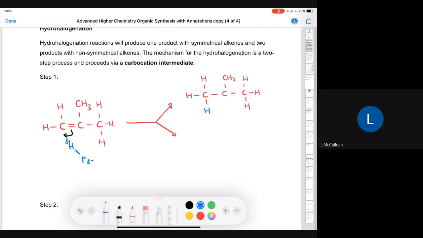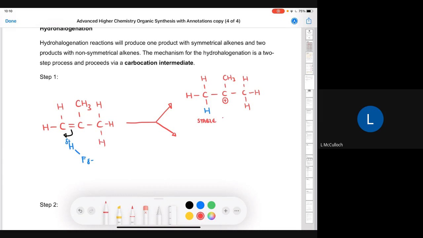And what it does is, because our carbon atom in the middle has lost one of the electrons that it put into that double bond, it ends up with a positive charge, and that's our carbocation intermediate. And if we look at that carbocation intermediate, it's attached to 1, 2, 3 alkyl groups. So that means that that's going to be reasonably stable.